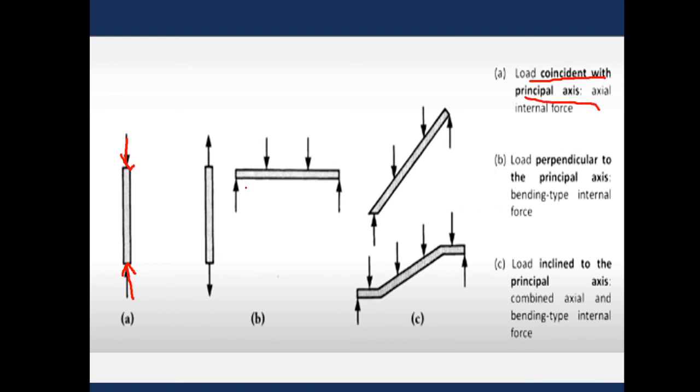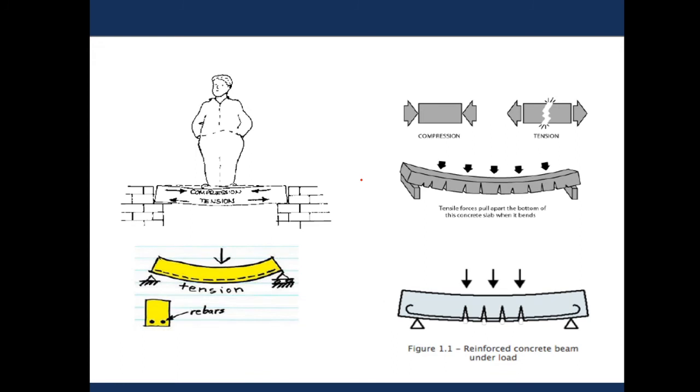And the second one is where loads are not in the same alignment, so it will have axial load along with some bending. Due to the loads here, this beam will tend to bend, and for such reasons bending will develop in this beam. And here we can see the inclined load, so here also bending will be developed.